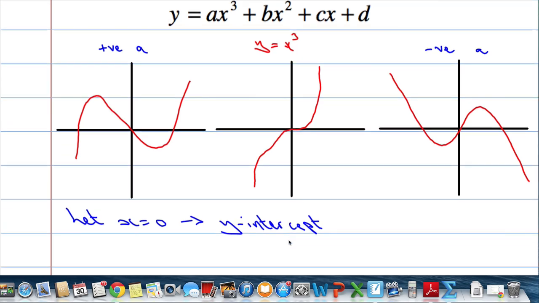And similarly, if I let y equal 0, that will give me the x-intercept. Okay, let's have a look at a few questions now, see how we go.